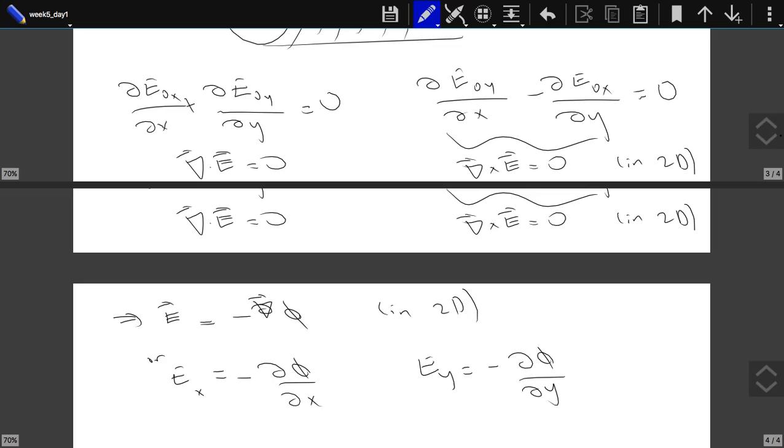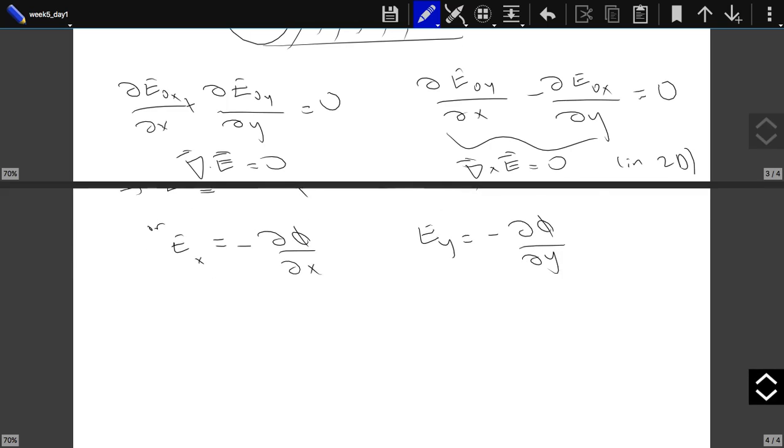If this is the case, then that equation is automatically satisfied. You see that both of those terms is nothing but the second derivative of phi in different orders, but changing the order of derivative doesn't change the result, so that difference is automatically 0. Now, if you just put this expression over there, phi satisfies the Laplace's equation.